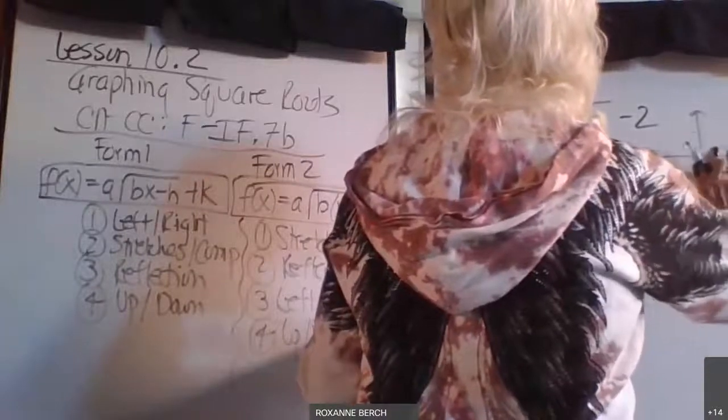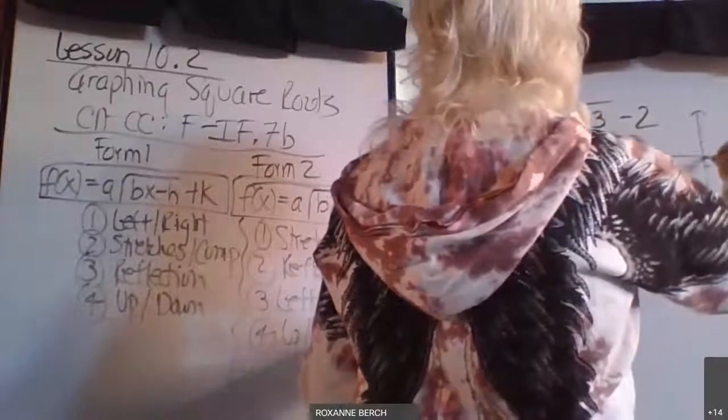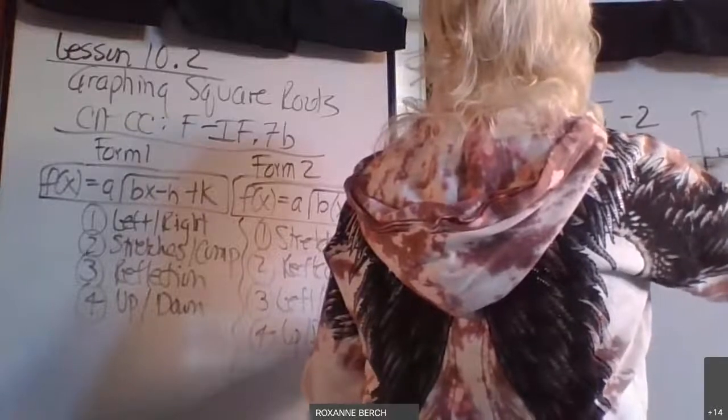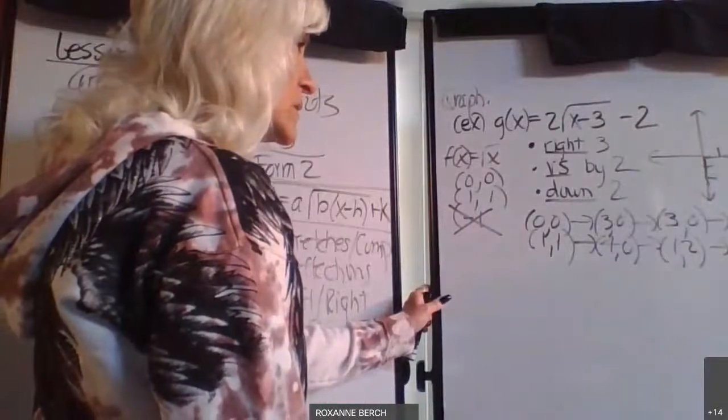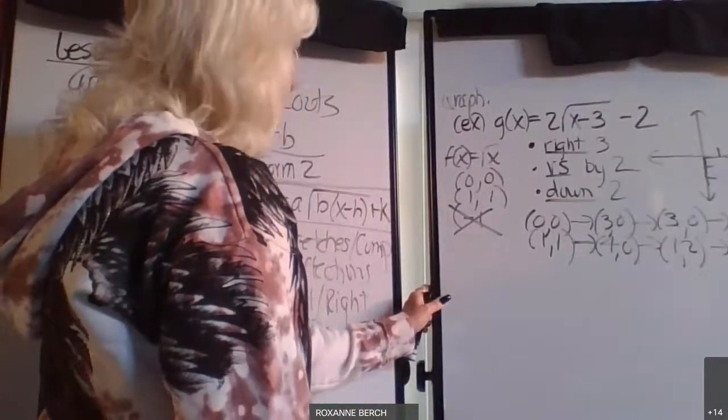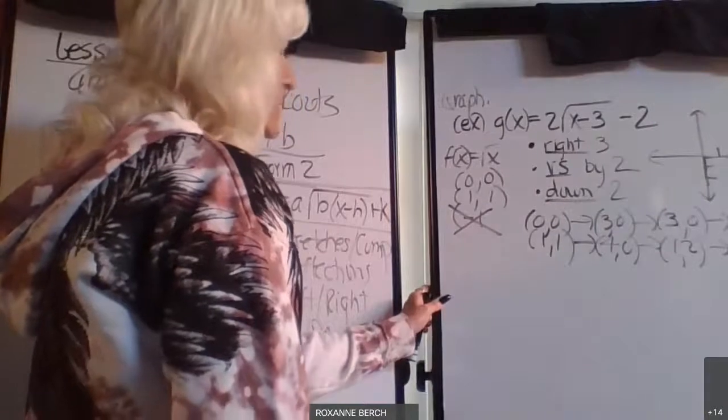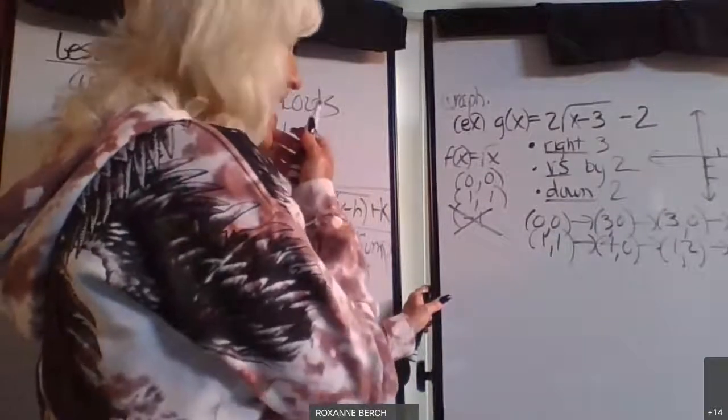So notice I knew that my graph wasn't right because we're shifting right 3 and the graph doesn't look like it was shifted right 3. So it's right 3, down 2, and then what's the next one? We didn't reflect, so it shouldn't be going backwards. So where's the mistake?